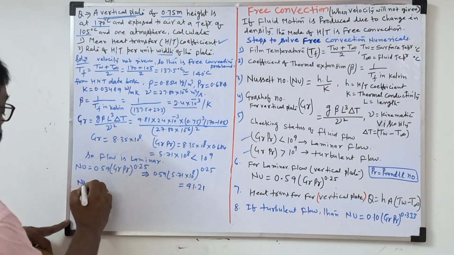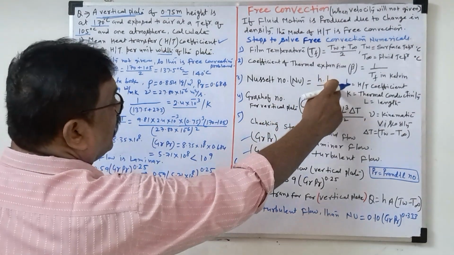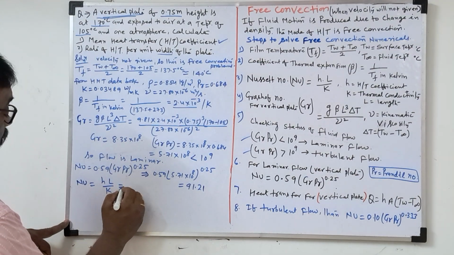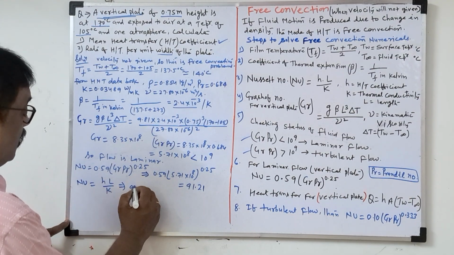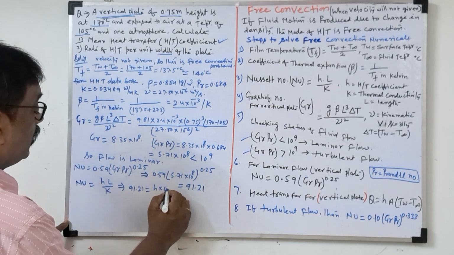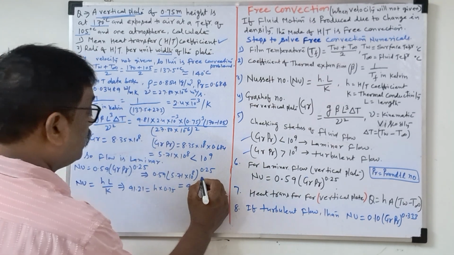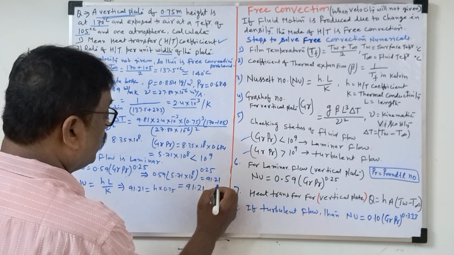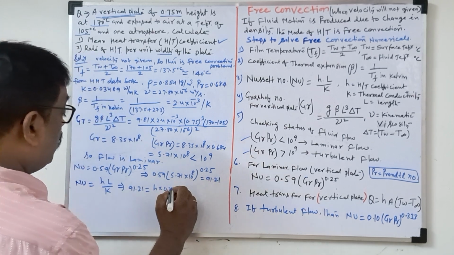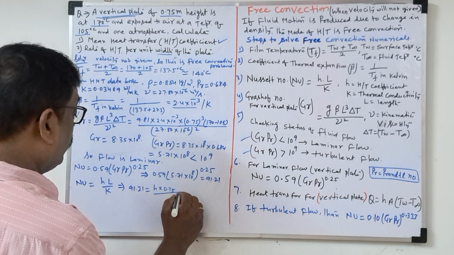Again, the Nusselt number formula is hL by k. So that implies the Nusselt number 91.21 is equal to h into 0.75 by k.